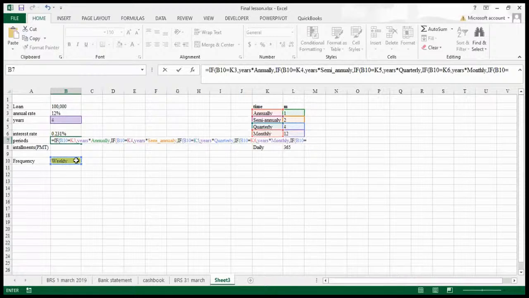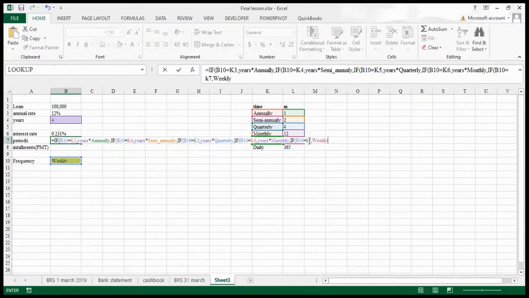frequency is equal to, so if your formula blocks this, and you know very well that this column is K, and you are working in row number 7, just say if B10 is equal to K7, I've already picked it and I'm seeing it highlighted there, comma, then it should give me weekly. So just type weekly, and you will see it appearing there. That's the weekly that I defined. So when I say tab button, it automatically picks that.